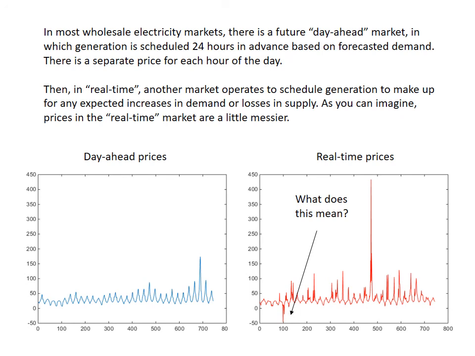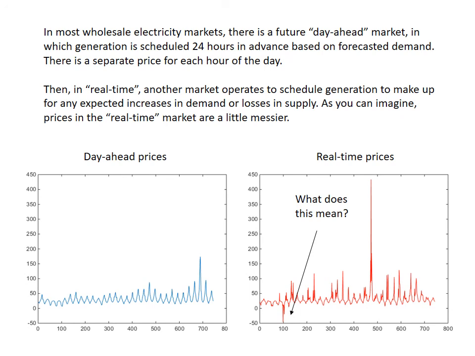So wholesale markets are really complicated. There's usually two different markets for selling electricity. One, a day-ahead market in which all generation is sort of scheduled in advance, and there's a day-ahead price associated with any generation that's scheduled 24 hours in advance. But inevitably, there's going to be some error in forecasting how much generation is actually needed.